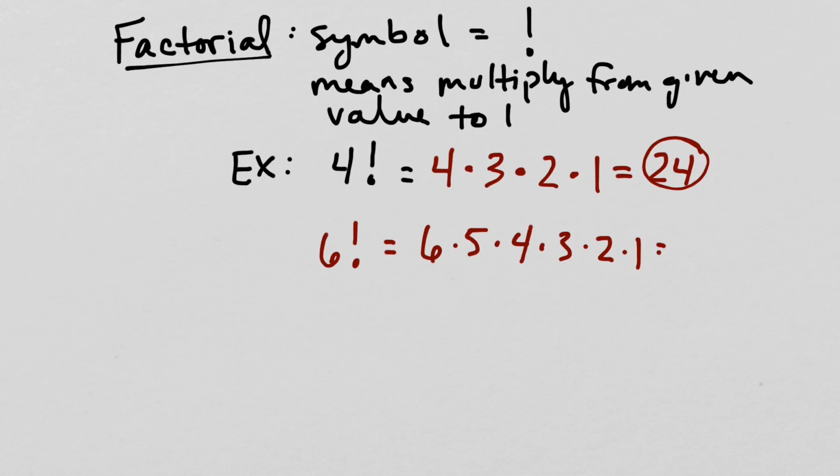So that becomes 6 times 5 is 30, times 4 is 120, times 3 is 360, times 2 is 720, times 1 is 720. Okay, so factorial is just a way of creating this repeated pattern of multiplying. And factorial is going to be used a lot in counting the number of possibilities. Okay, so that'll be the next thing that we look at.